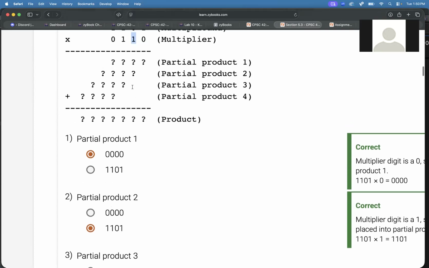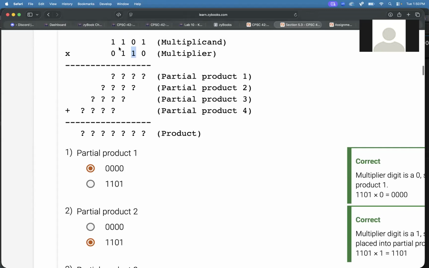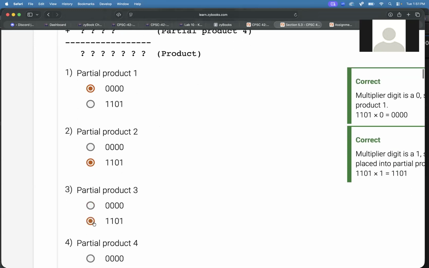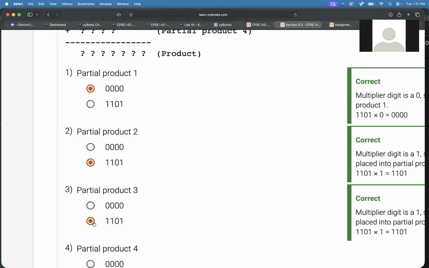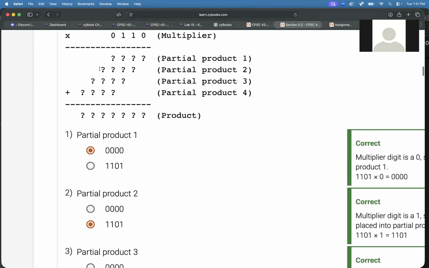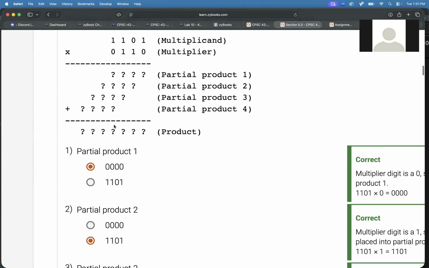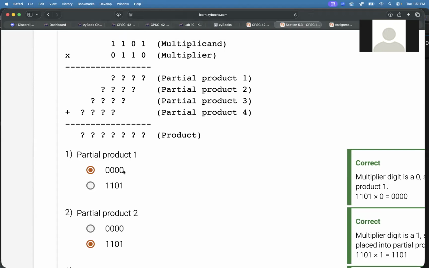And when you do the third one, it's going to be the entire top row times this third digit, which is also 1. So 1101 times 1 is 1101. And so you start to notice that for all of these things that they're calling the partial products, the only possibilities are 0000 if we were multiplying by a 0, and 1101 if we were multiplying by a 1.